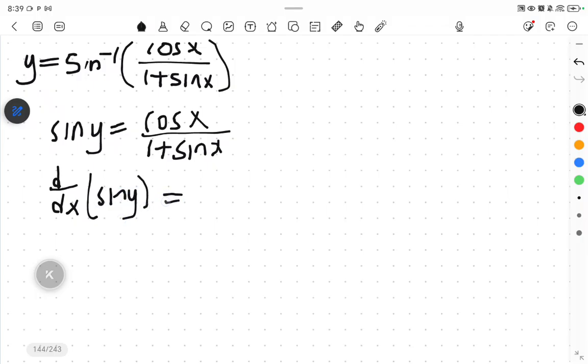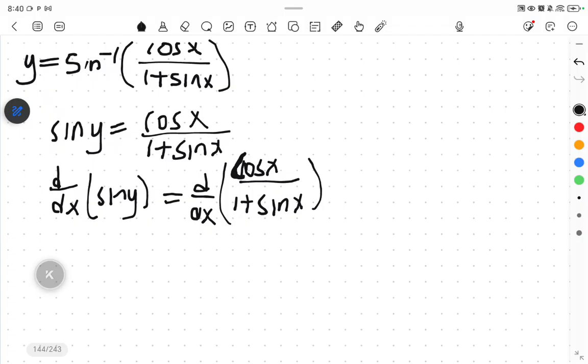This equals d over dx of cos of x over 1 plus sine of x. We use quotient rule, right, to derive the right hand side.